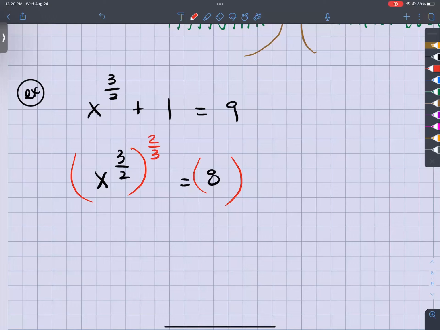So the opposite operation here is the reciprocal. The reason why it's a reciprocal is because when I raise a power to a power, which is the exponent rule, I have to multiply powers. What's 3/2 times 2/3? 1. So over here, I will have x to the first power, which is just x.